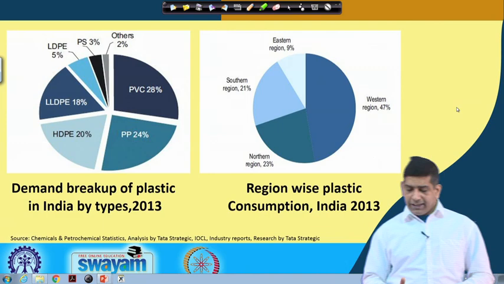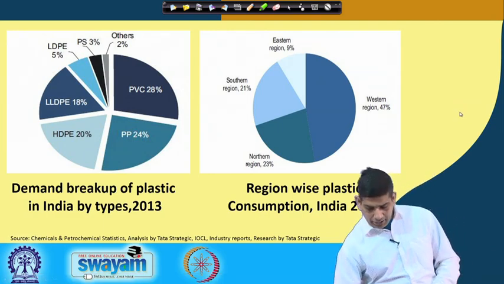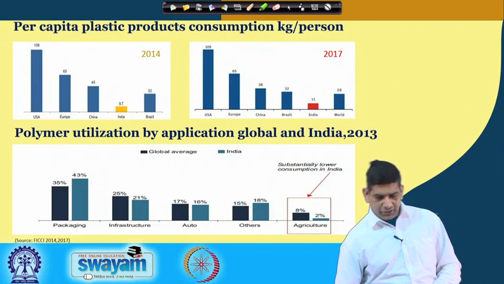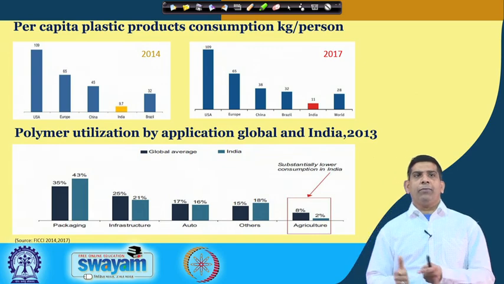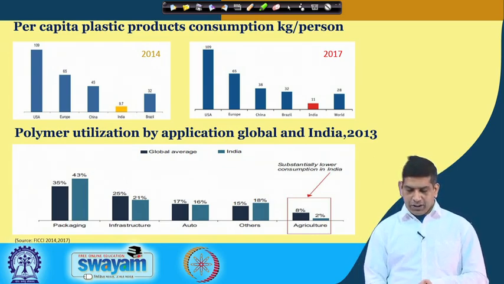So if you look at the Indian context, we missed one slide. So in terms of per capita plastic consumption, how much plastic we are consuming per person in a particular year.